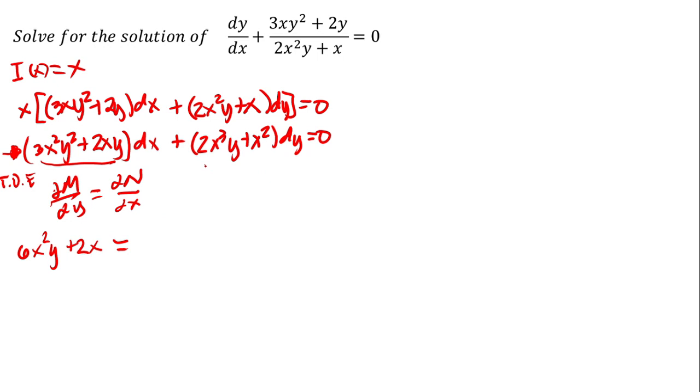Then we differentiate this one with respect to x, we have 6x squared y plus 2x. So the test of exactness is satisfied, so this new differential equation becomes an exact DE. So we can use the method for finding the solution for an exact differential equation.